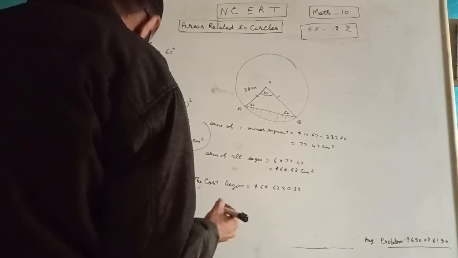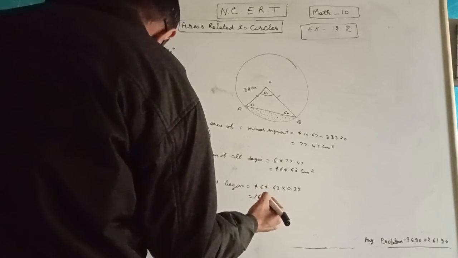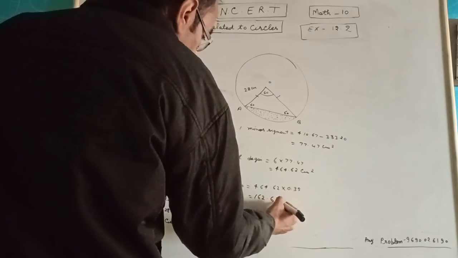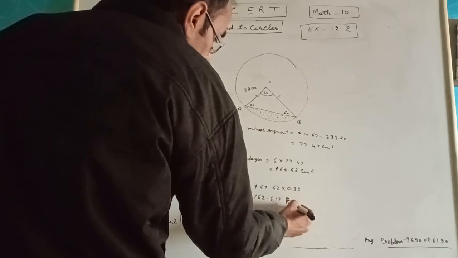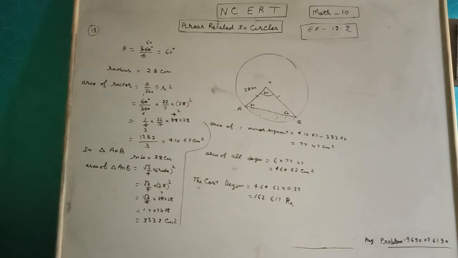After multiplying, it will be 162.61 rupees. That completes question 13. Thank you.